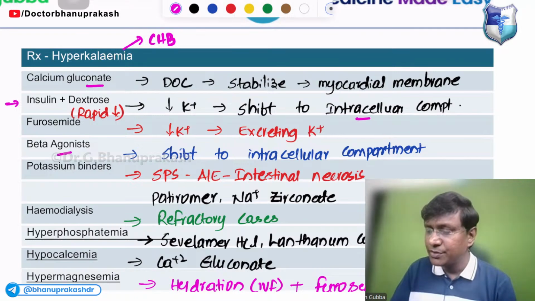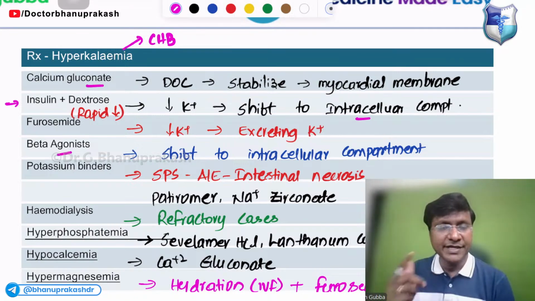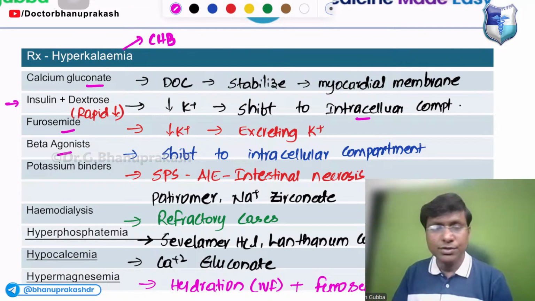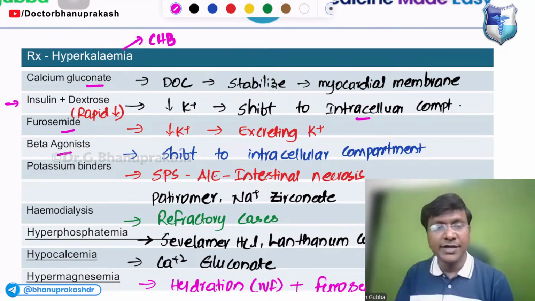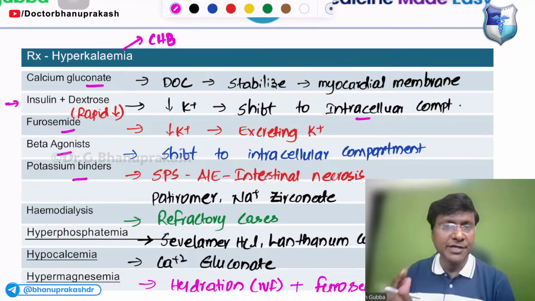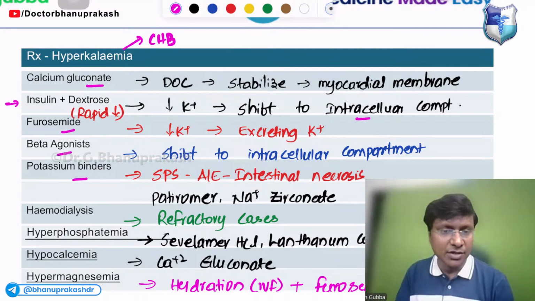The other way by which you can cause this shift is beta agonists. Then coming to furosemide: furosemide will cause kaluresis and that will reduce the potassium levels. And you can give potassium binders which will bind the potassium within the gut and prevent the absorption of potassium across the gut.